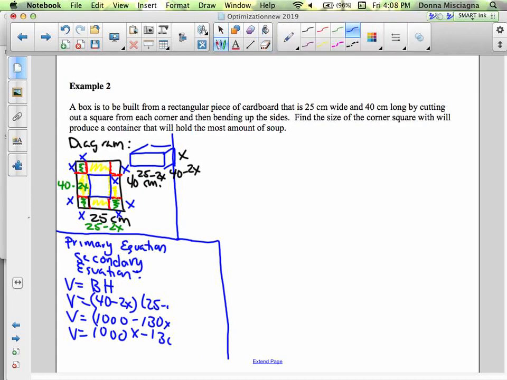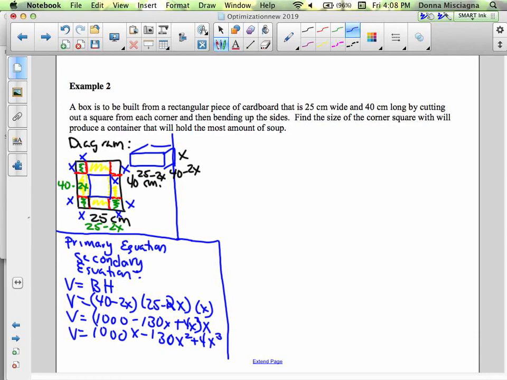So that was 25 minus 2x times x, and then this was plus 4x times x, and then 1,000x minus 130x squared plus 4x cubed.